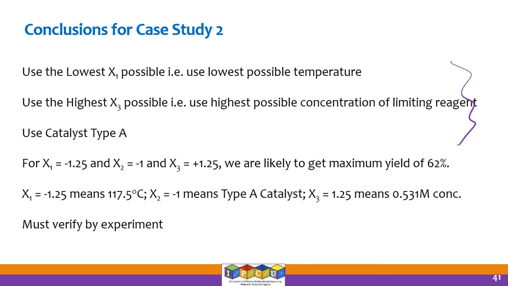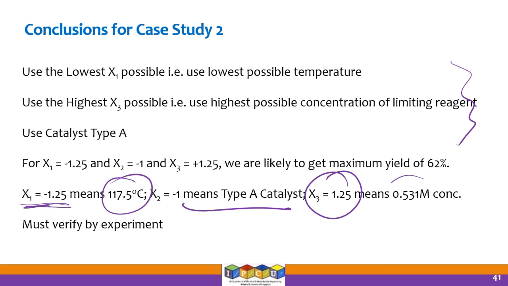In terms of numbers, x1 equal to minus 1.25 means use 117.5 degrees Celsius, and catalyst type A. And x3 of plus 1.25 means a concentration of 0.531 molar, because minus 1 in coded units for x3 corresponds to 0.25 molar, and plus 1 corresponds to 0.5 molar.